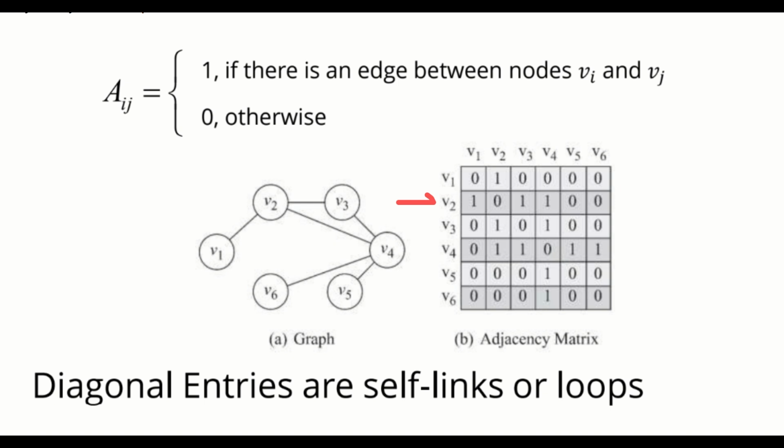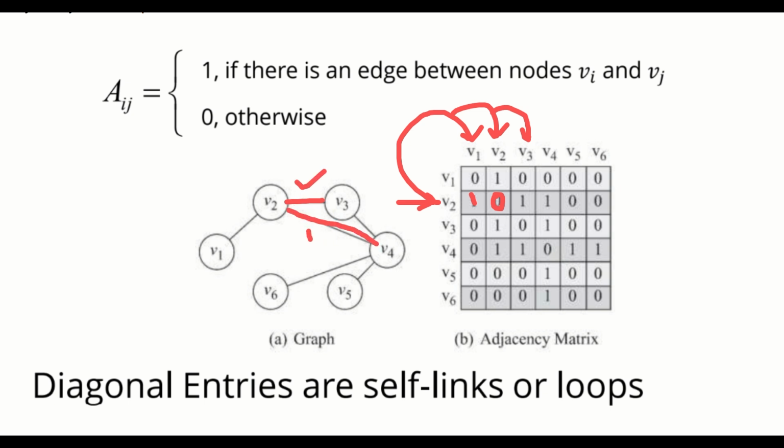Now the same way you're going to check for the remaining nodes. You compare V2 with V1. There is a connection, you put a 1. Next, V2 with V2. There is no connection, you put a 0. Next, V2 and V3. There is a connection, you put a 1. Next, V2 to V4.